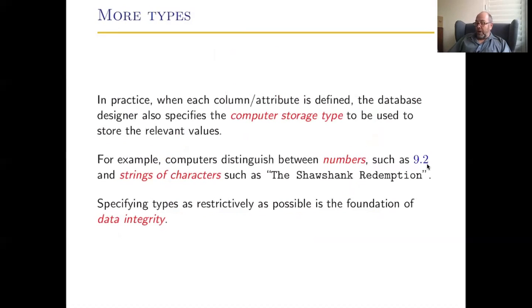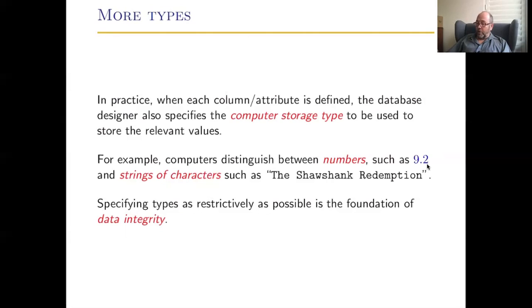Okay, in practice, when each column or attribute is defined, when the table is first created, the database designer must also specify what type of information is to be stored there, and that's normally done by actually specifying the computer storage type.